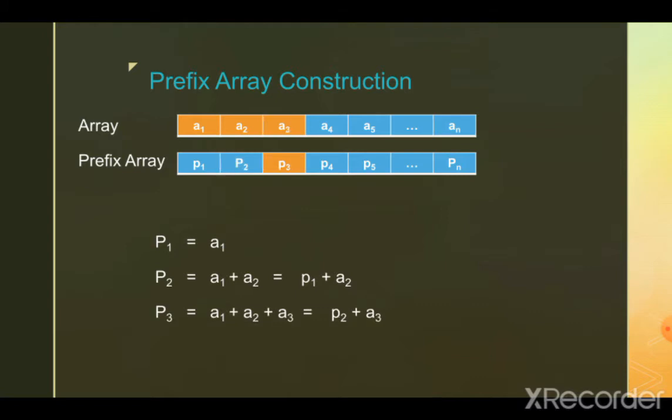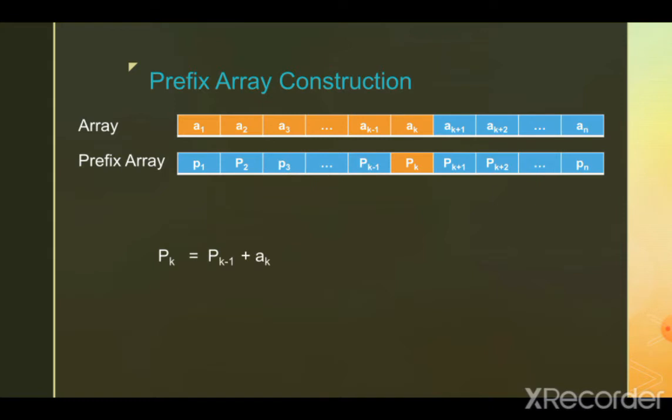Now the third element of the prefix array can be determined as p3 equal to a1 plus a2 plus a3, the sum of all the values in the range highlighted in the original array, and this sum p3 can be written recursively as p2 plus a3.